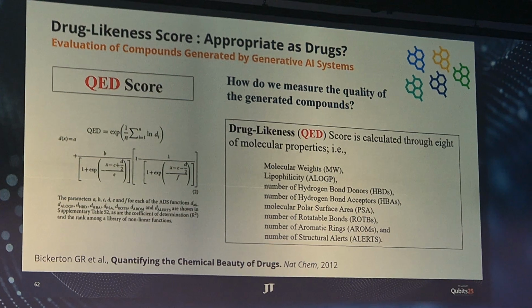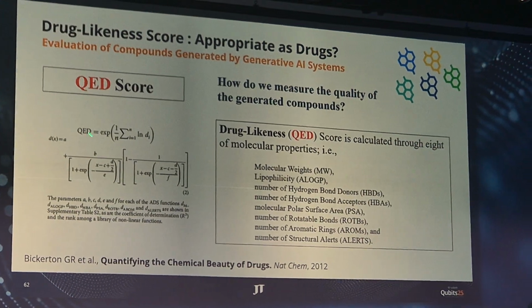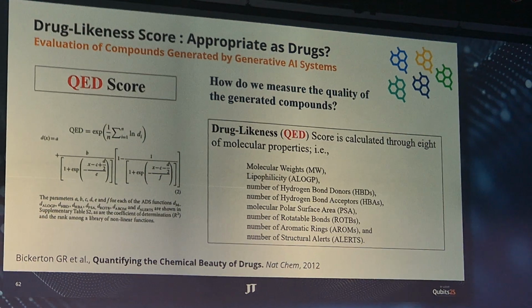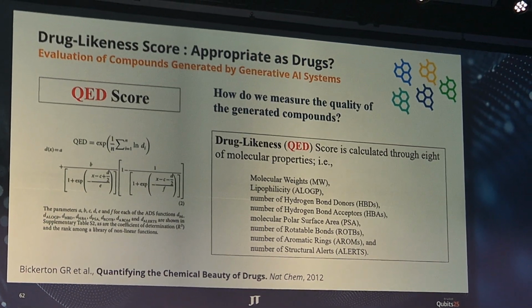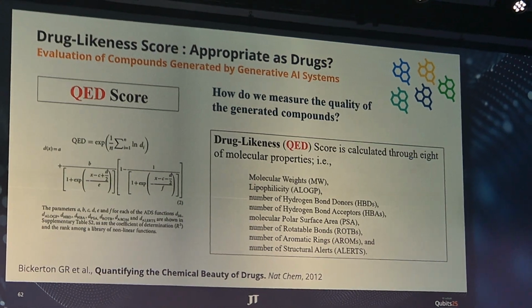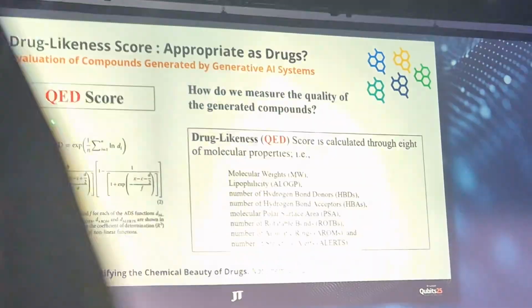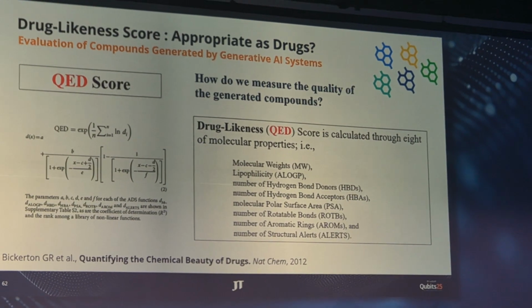Okay. To evaluate the distributions obtained, we use the QED score to evaluate the drug likeness. This is a standard way because to define the drug likeness is a little bit difficult. So we use the QED score as proposed in this paper.